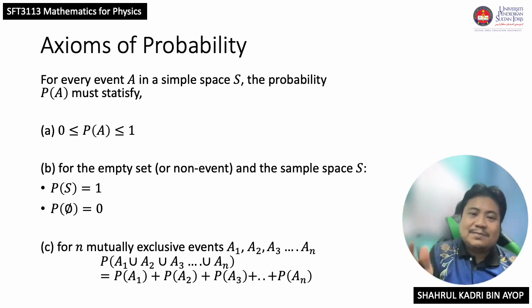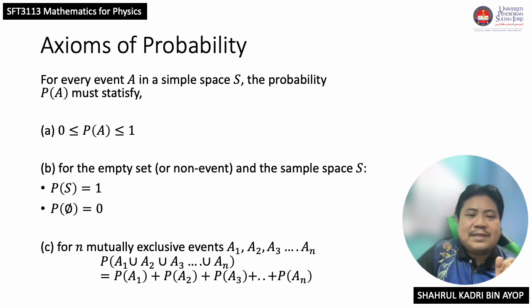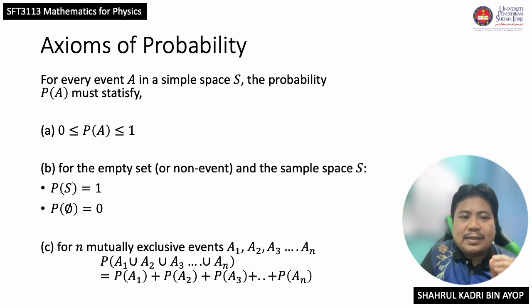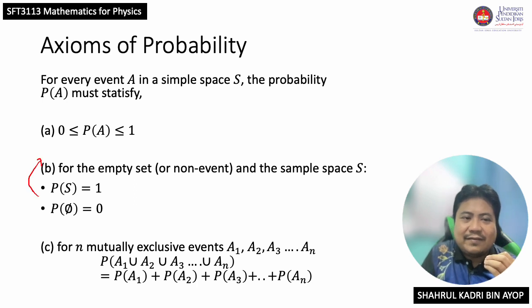So the probability must be from 0 to 1. Then for the empty set or non-event and the sample space, the probability of the sample space itself is equal to 1, and the probability of the empty set is equal to 0. Okay, so that satisfies the first axiom, right?